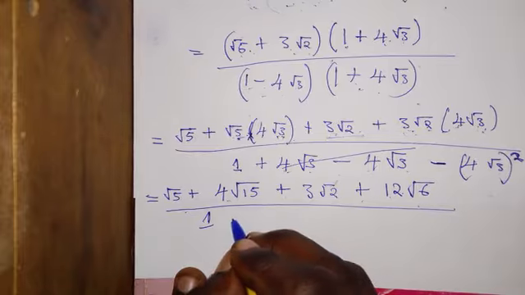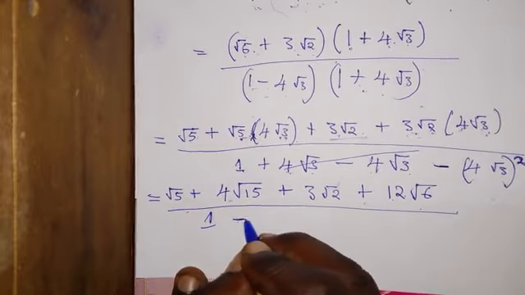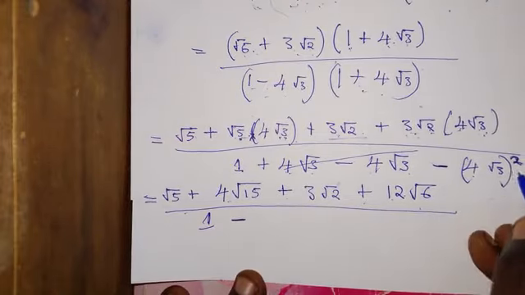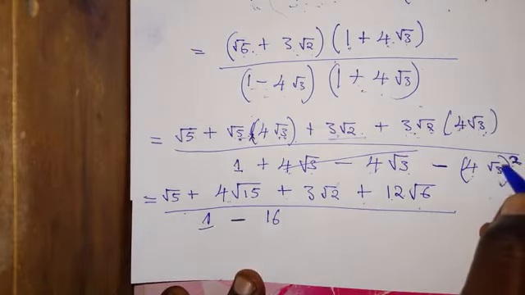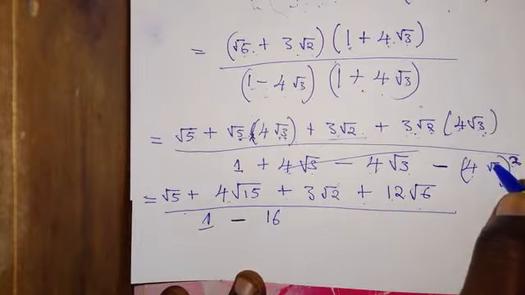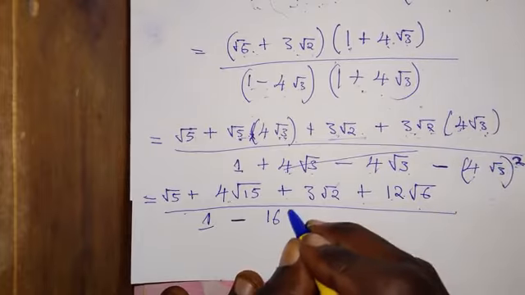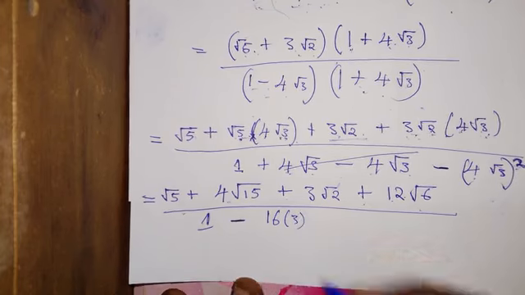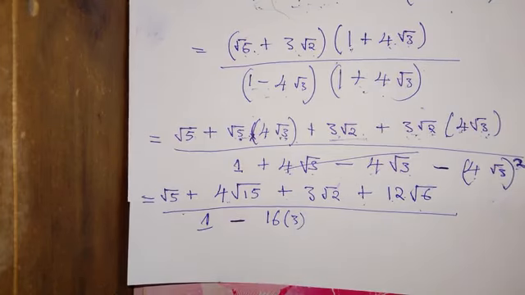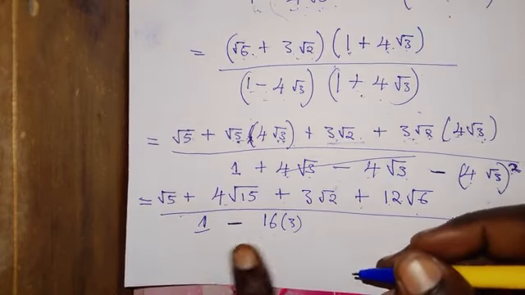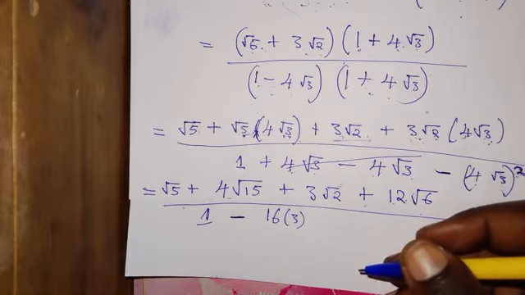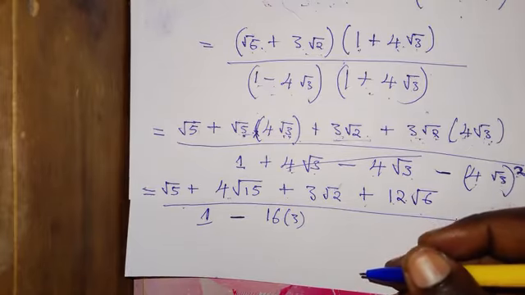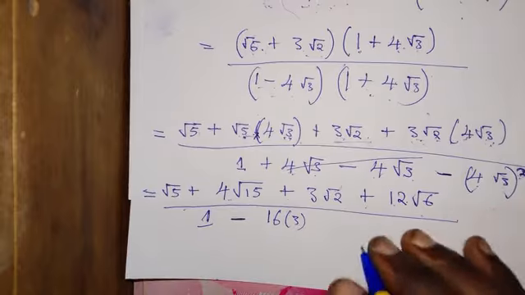I'm going to have minus 4 squared, which is 16. Root of 3 squared, the square and the root cancel and end up being 3. So I'm going to have 1 minus 16 times 3.